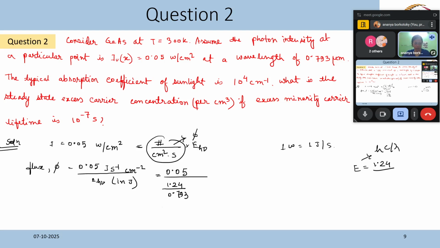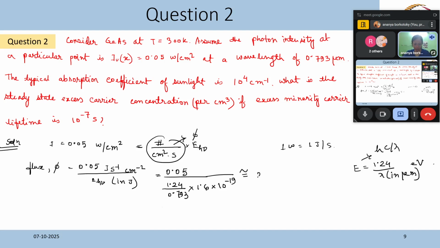If you multiply this and write lambda in micrometer, then we have the expression 1.24 by lambda in micrometer. This gives us energy in electron volt. I have to multiply with q, 1.6 into 10 to the power minus 19, so that I get the final answer, energy in joule, and the correct result. Okay, so this you can calculate.